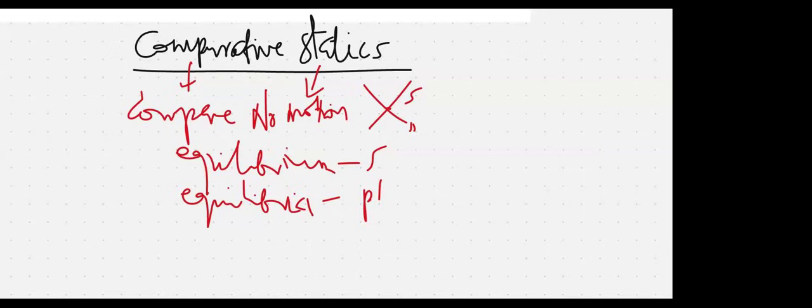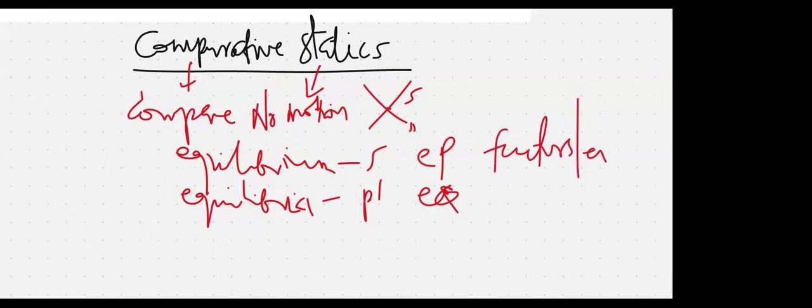We are looking at the equilibrium price and equilibrium quantity, and how they change due to certain factors. These factors are the events which cause the changes.